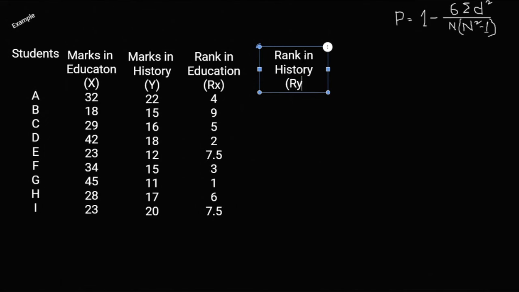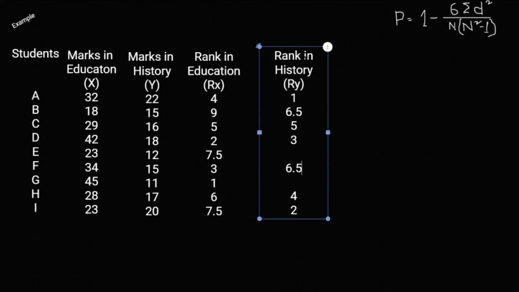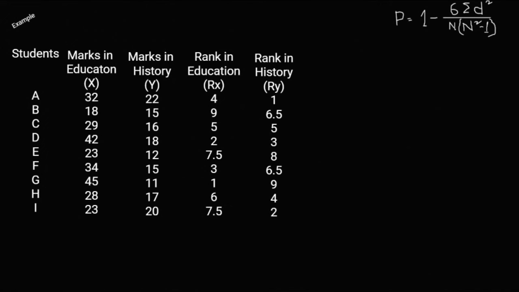Similarly, rank in history, or RY: 22 is 1, 22 is 2, 18 is 3, 17 is 4, 16 is 5, 15 is 6.5, 15 is 6.5, 12 is 8, and 11 is 9.